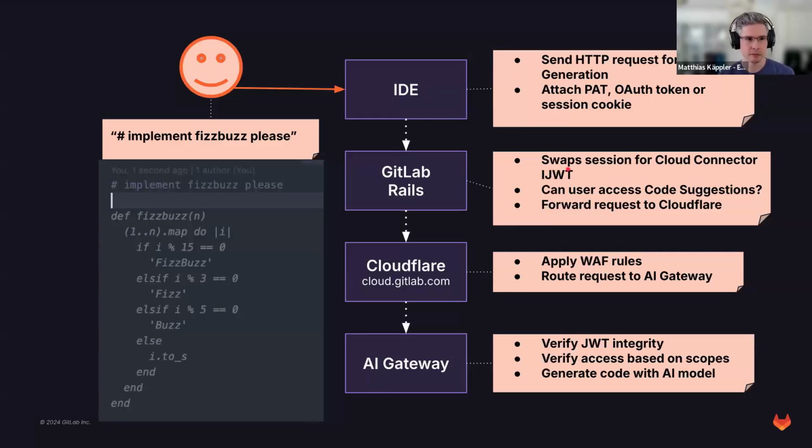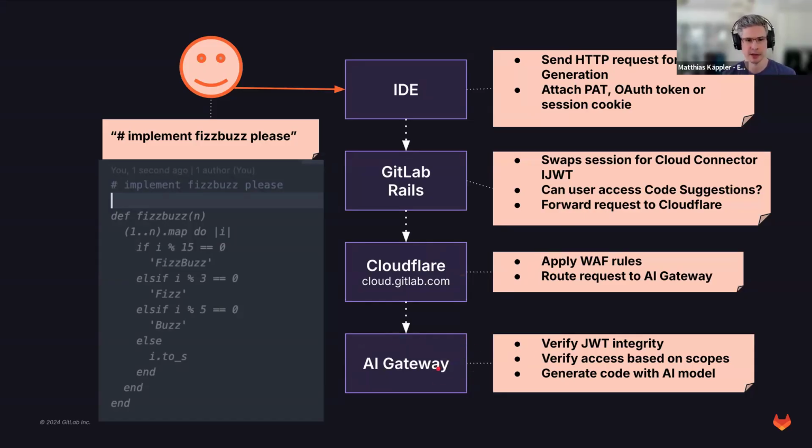It will then go to the Rails app, which does the token swap from the PAT to the instance JSON Web Token. We then also need to, or actually before that happens, we need to check, can the user in general even access code suggestions as a feature? And I'm going to talk in a moment about what that means exactly. It then forwards the request to Cloudflare, which applies things like web application firewall rules and routes the request to the AI gateway, where we can then verify the integrity of the token and we can map it to an endpoint as well, right?